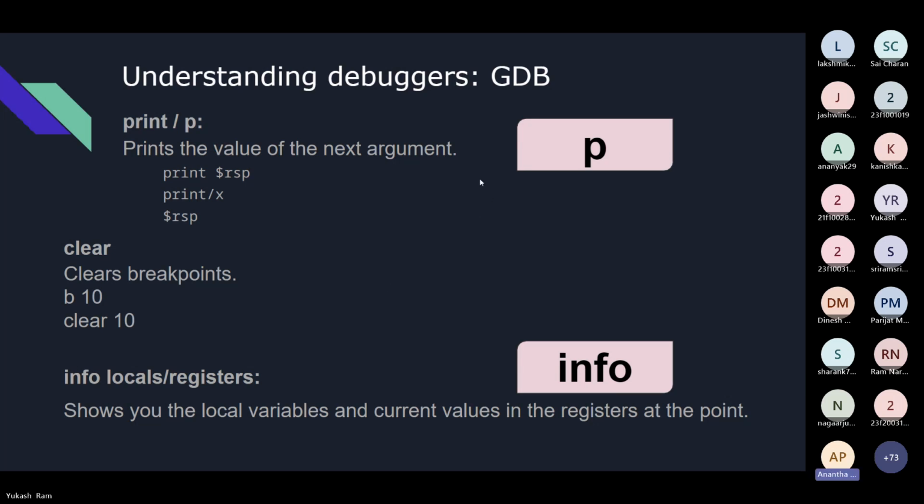The clear command clears the breakpoints. And info locals and info registers display the value of the local variables and the current values stored in the registers.